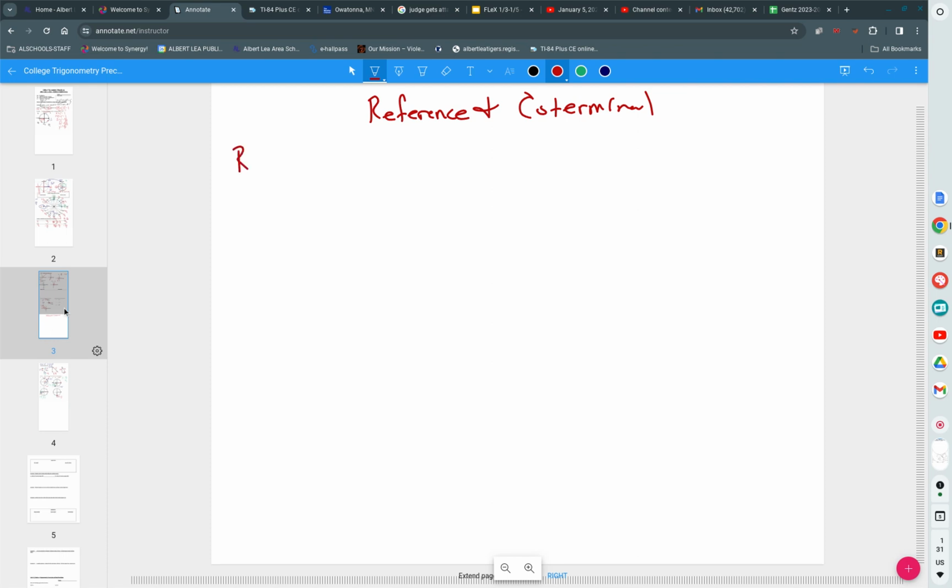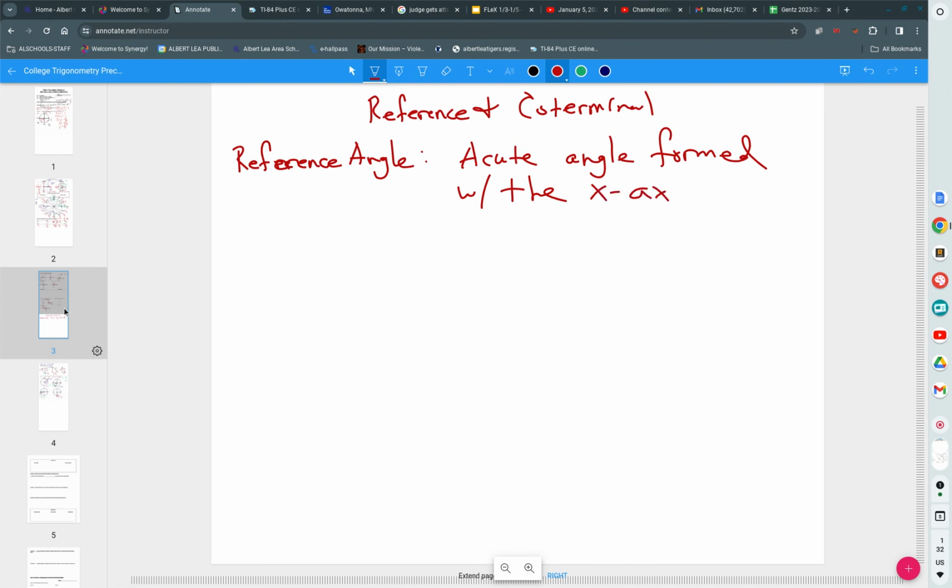It says reference angle, and a reference angle is the acute angle formed with the x-axis. It's the acute angle formed with the x-axis.